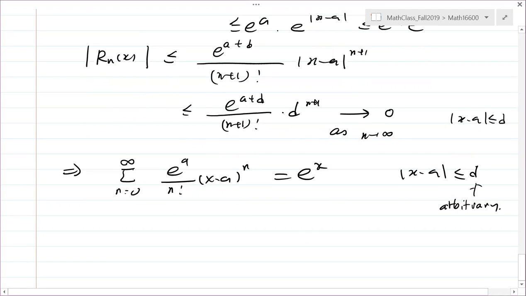But this power series looks different when a changes, but it's actually the same power series, independent of a. In particular, if a is 0, e to the x is going to be the sum of x to the n over n factorial.